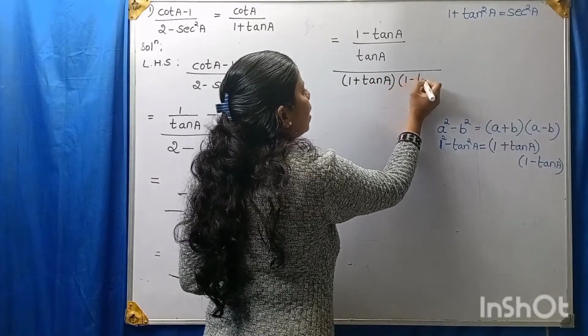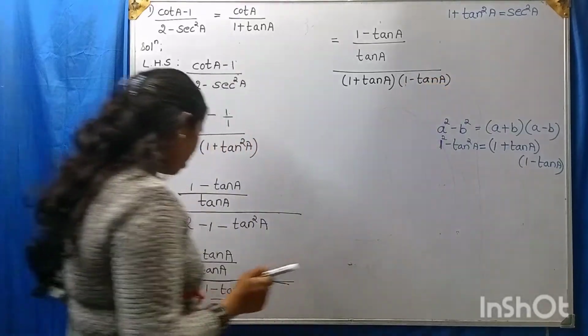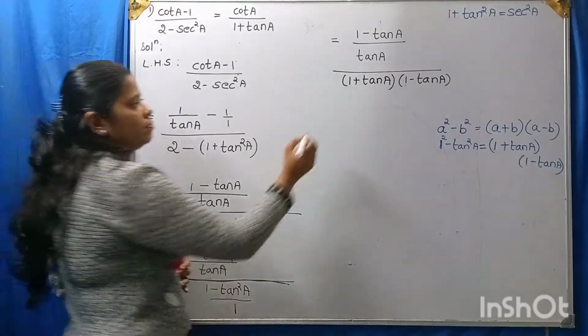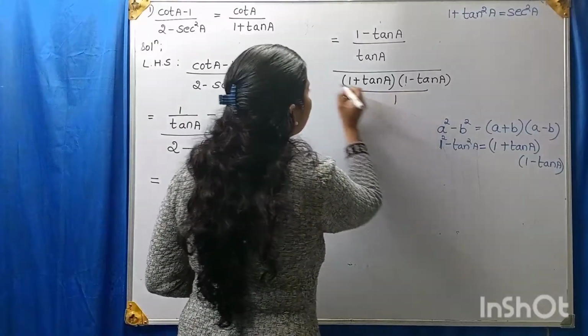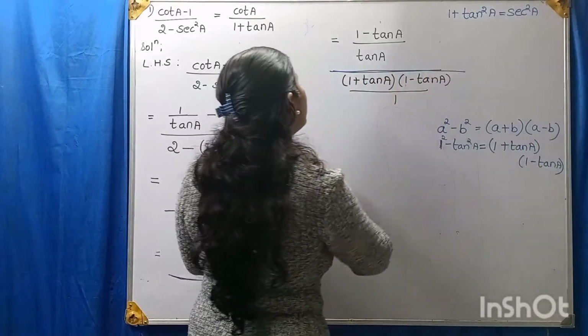Now I told you already, nothing is in the denominator means we can consider it as 1. Because it is whole divided by this one. Okay, whole divided by.